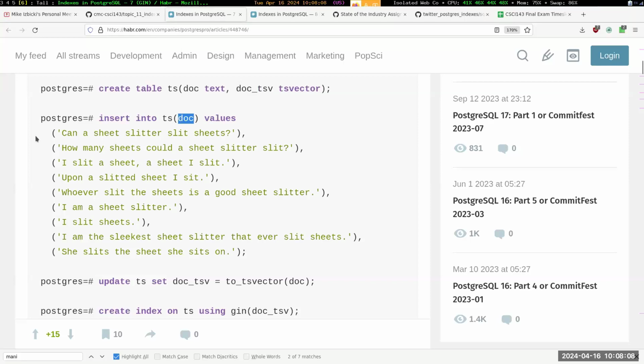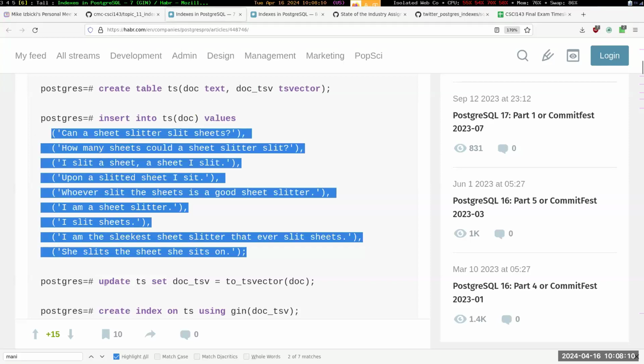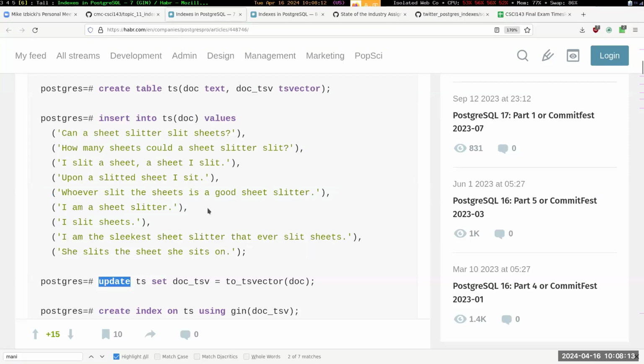They start by inserting the documents right here, and then they update the table, setting the doc TSV column to be equal to to_tsvector of doc like this. So they're doing it in a 2-step process in their tutorial here. Everywhere they do this, they'll do it in 2 separate steps, but you don't need to implement that yourself. The important thing that you'll have to implement is the actual create index command down here.